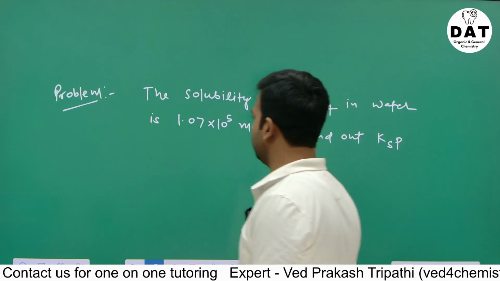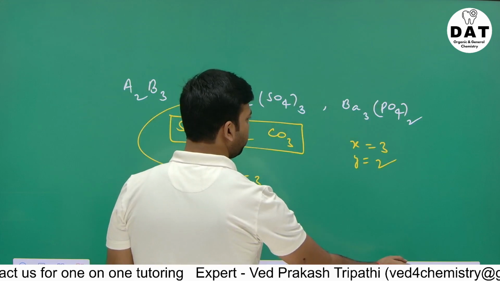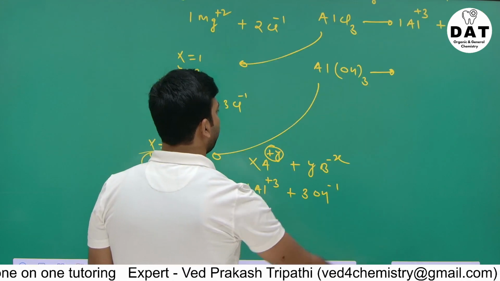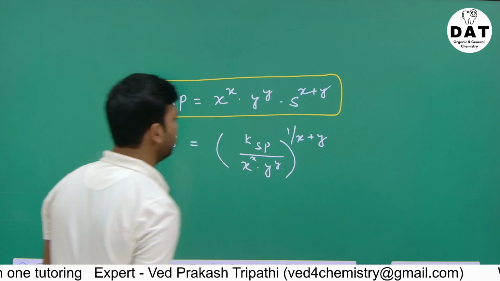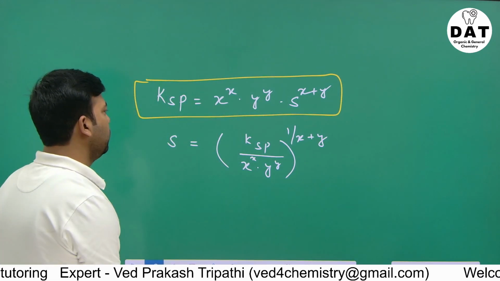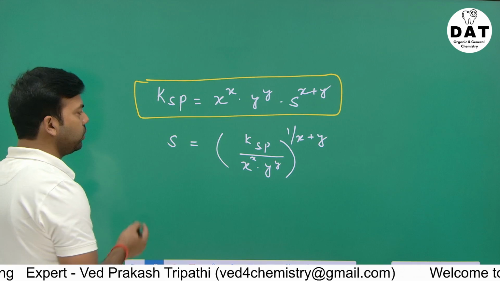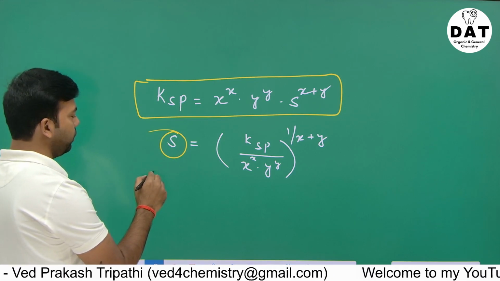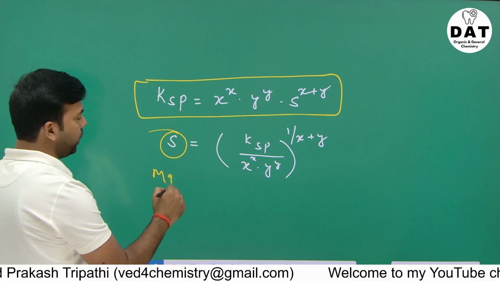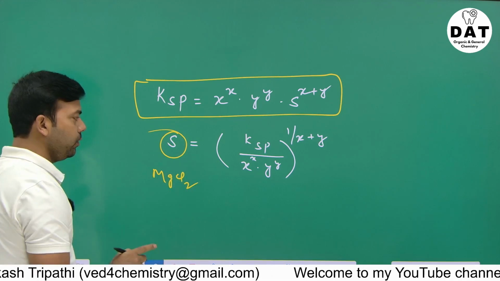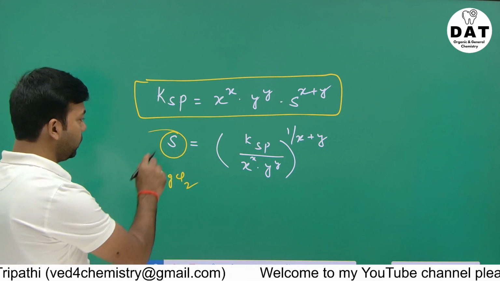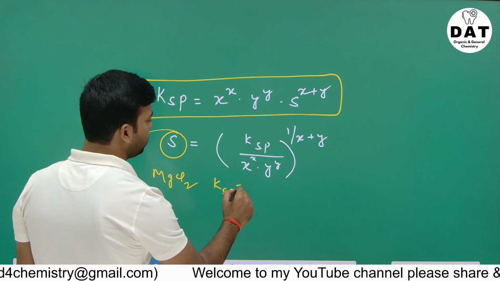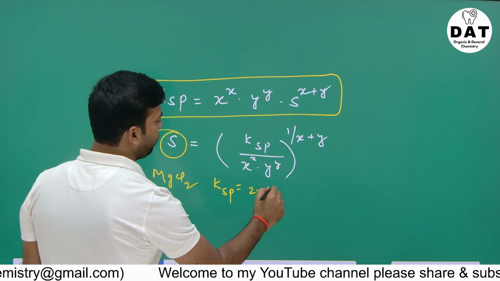So I just want to discuss one more thing here. Use this formula. Suppose we have to find out the solubility for this complex. Suppose you have MgCl2 type of salt and we have to find out the solubility. Suppose KSP value is given for this salt, suppose 2 into 10 to the power 4 minus 4.